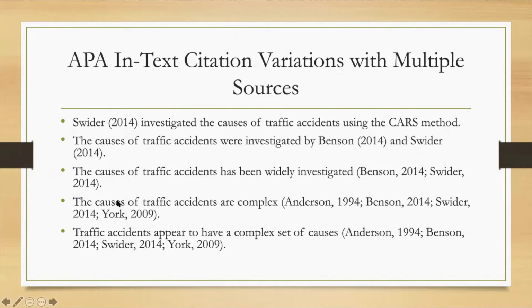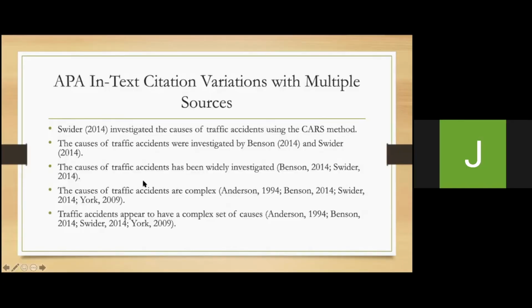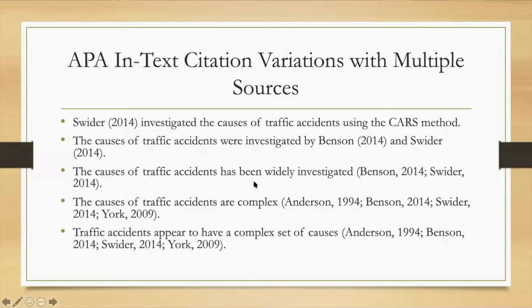Now let's look at the fourth sentence. The causes of traffic accidents are complex. We have four names: Anderson, Benson, Swider, York. These are four different studies that are interlinked by the idea that the causes of traffic accidents are complex.